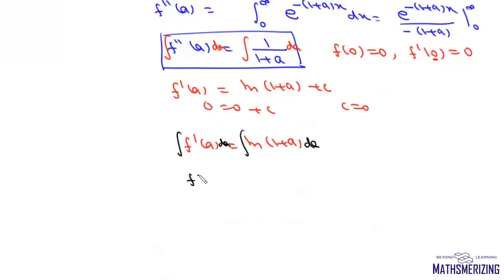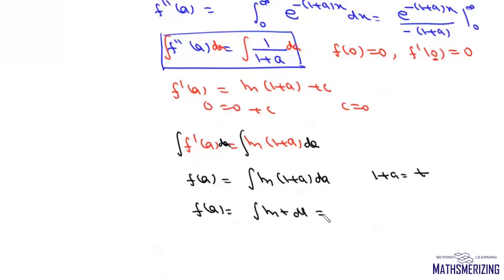Now we'll integrate it again with respect to a. So we'll write f(a), and here it will be this integral log(1 plus a) da. Now what we'll do is we'll let 1 plus a as t, so it will be f(a) equals integral of log t dt. Now integral of log t is t log t minus t and then plus c.